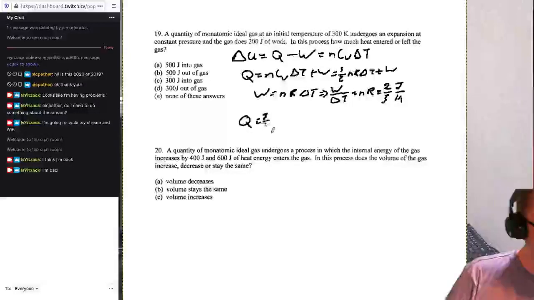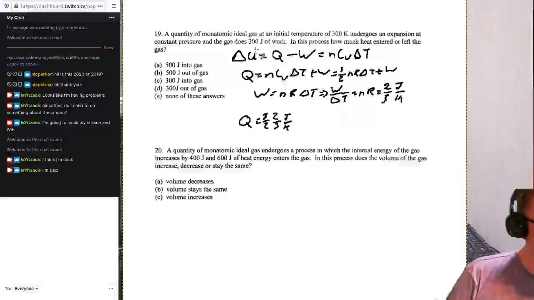We figure out the nR is 2/3, and then we have the delta T, in joules per Kelvin.